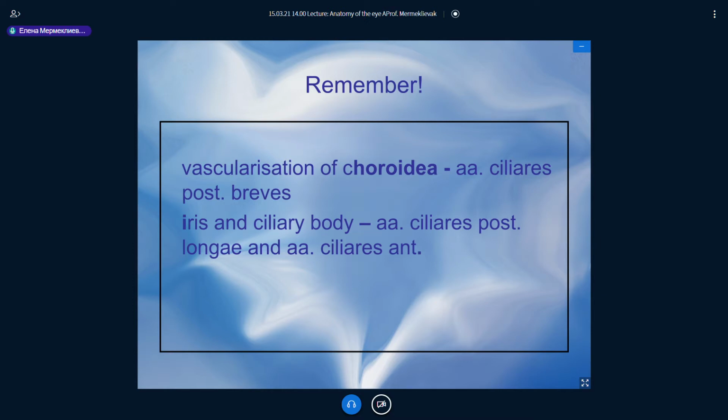The important is that the vascularization of choroid is from the arteria ciliaris posterior brevis, and the vascularization of the iris and the ciliary body is from the long ciliary posterior and the ciliary anterior arteries.